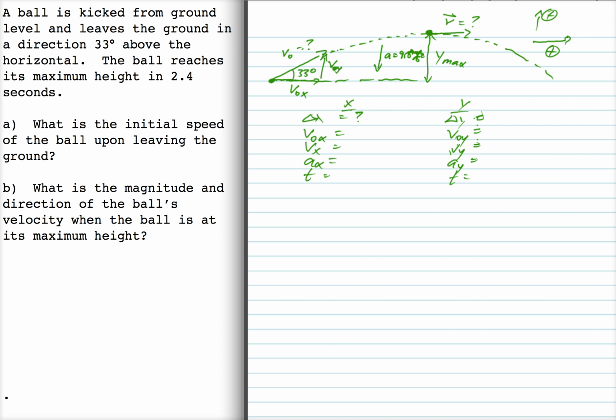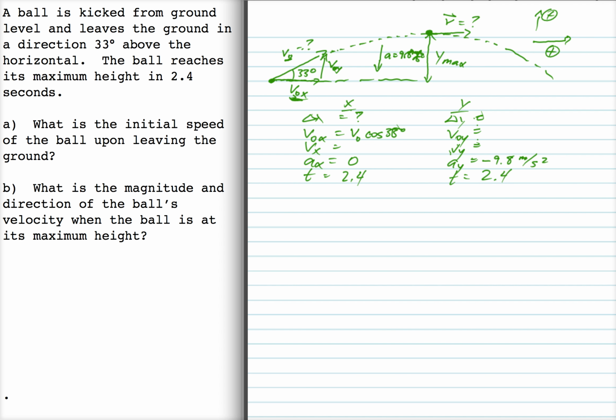I do know that the initial x velocity is v0 cosine 33, because in the triangle, v0 x is the adjacent side, v0 is the hypotenuse, and cosine 33 is adjacent over hypotenuse. The x acceleration is 0 in free fall. The y acceleration is minus 9.8 meters per second squared, because down is negative. And we're told that it takes 2.4 seconds for the ball to reach maximum height. So that's the travel time for both x and y.